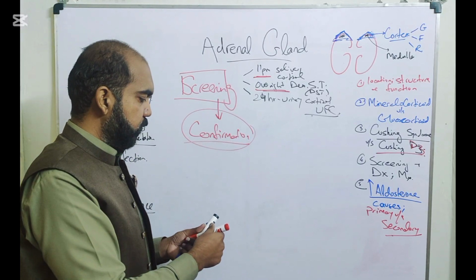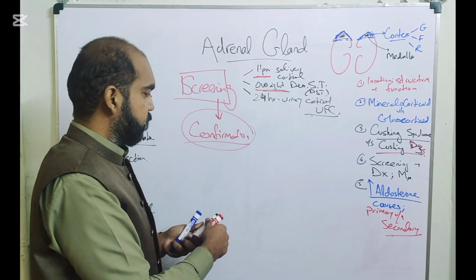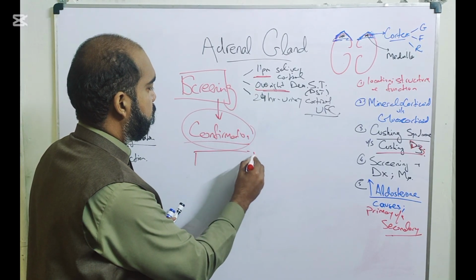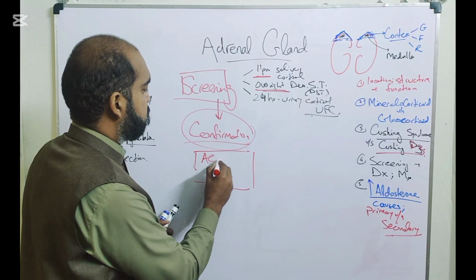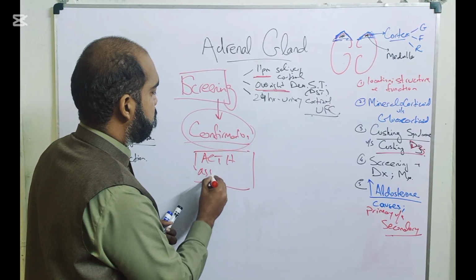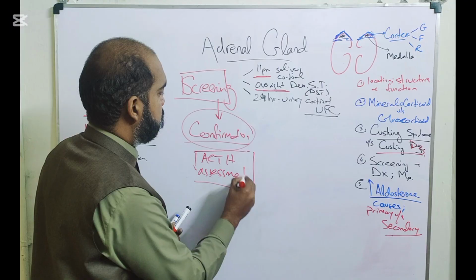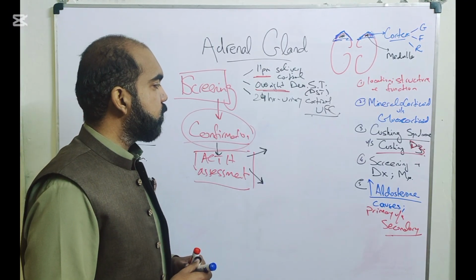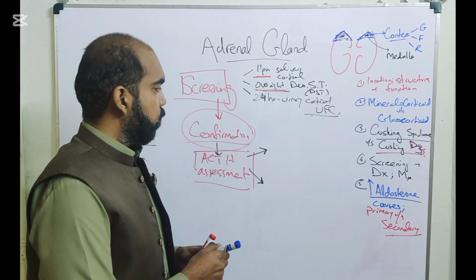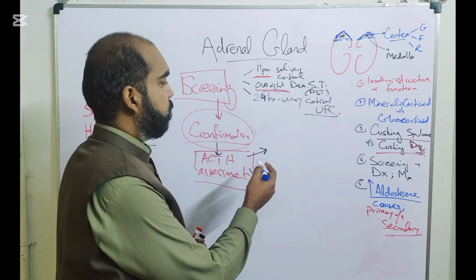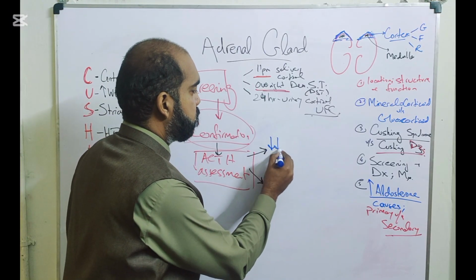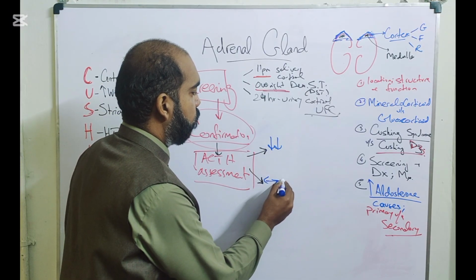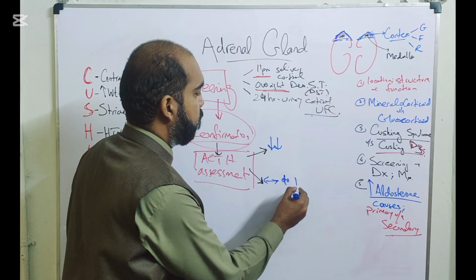Once confirmation is done, and I've told you how to confirm it, then there would be ACTH assessment. You check ACTH levels inside the blood. It can be decreased or it can be normal to increased.